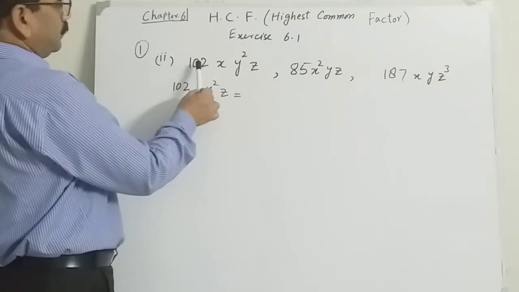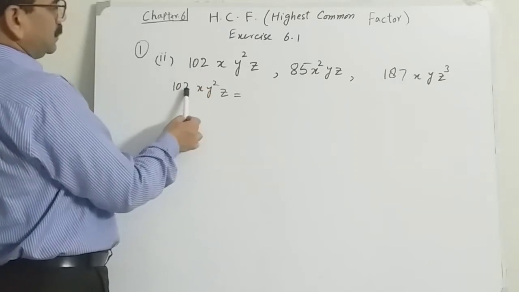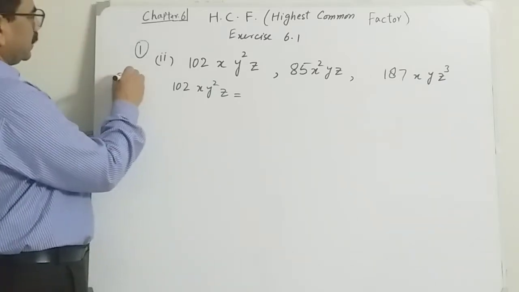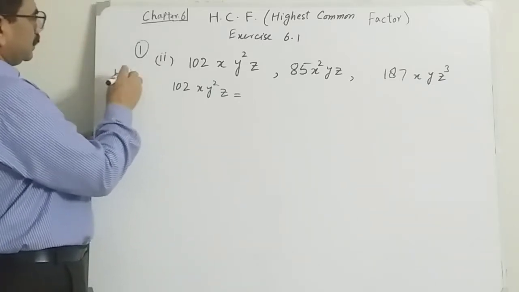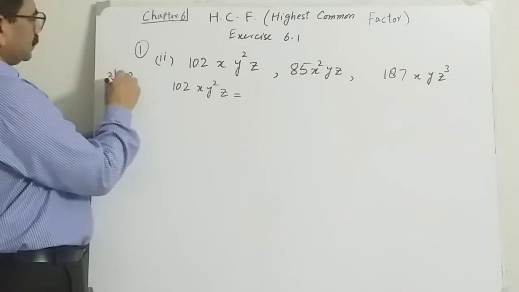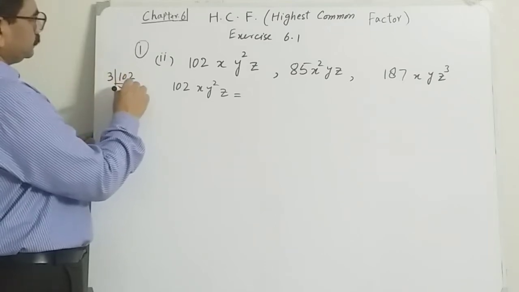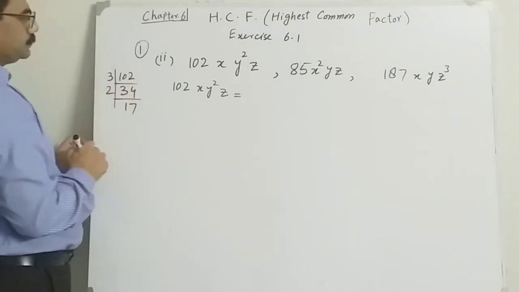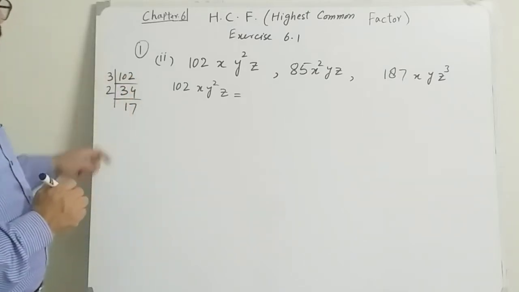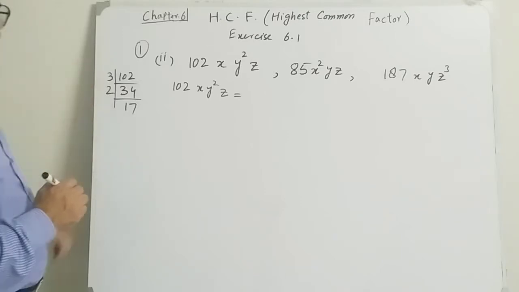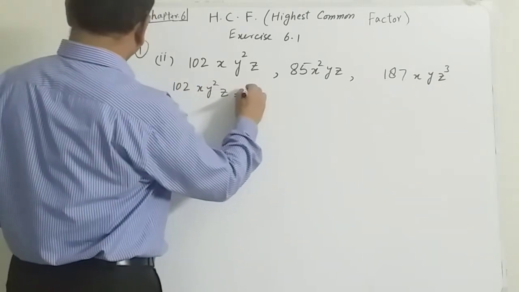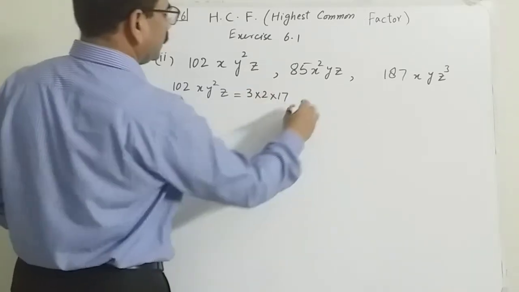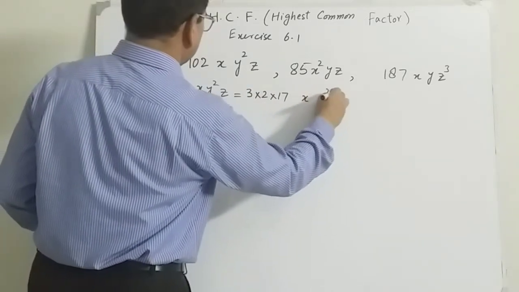Now factorization of 102xy^2z. To factorize 102, factorization of 102 will be done like this. It will be 3 multiplied by 2 multiplied by 17 x y square z.